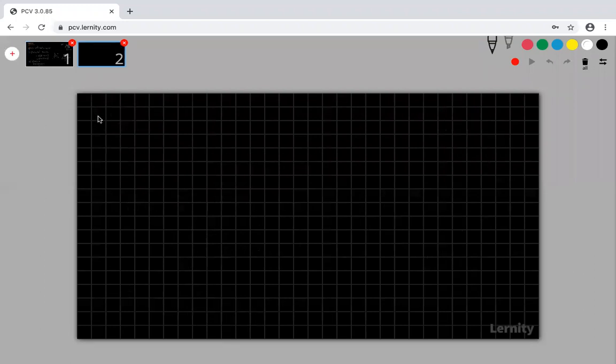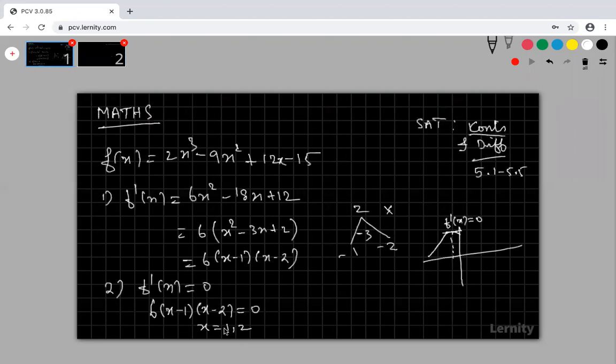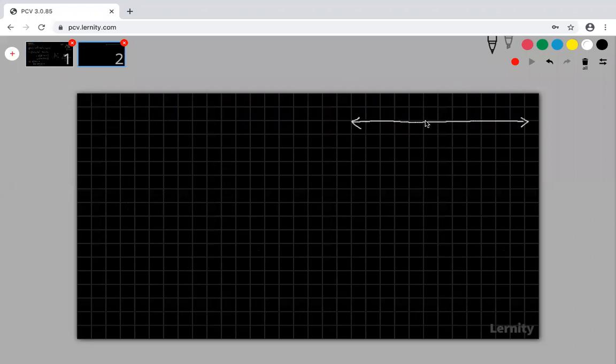Right. So now come to the third step. Look at that, this is 1 and 2. So this is x is equal to 1, this is x is equal to 2, this is minus infinity, this is plus infinity.